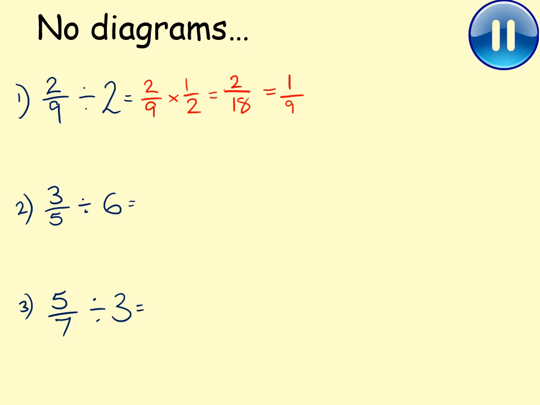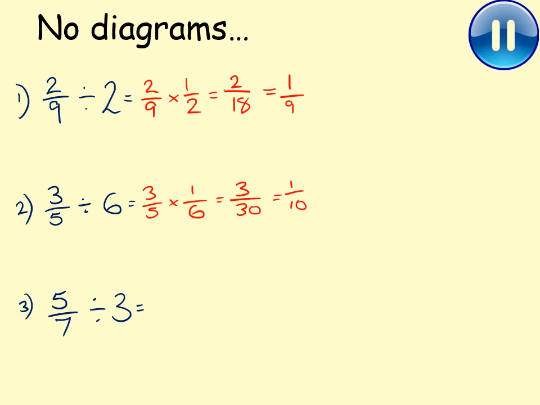Moving on to question 2. So we rewrite it as a multiplication. Now our 6 whole ones goes on the bottom and the 1 goes above, as we've discussed. So our new fraction would be 3 1s are 3 and 5 6s are 30. Can we simplify it? I think we can, because 3 and 30 have a common factor of 3. 3 goes into 3 once, 3 goes into 30 10 times.